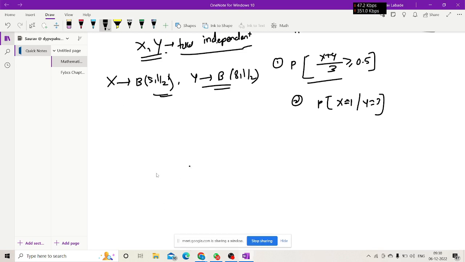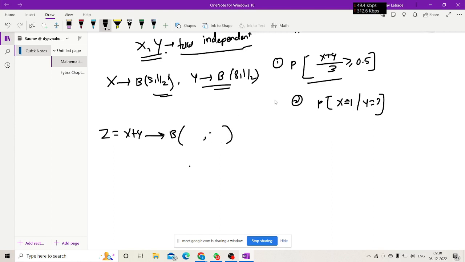I will just use the additive property. Let's consider z equals x plus y. Use the additive property and tell me what x plus y will follow. What is the value of n and what is the value of p?